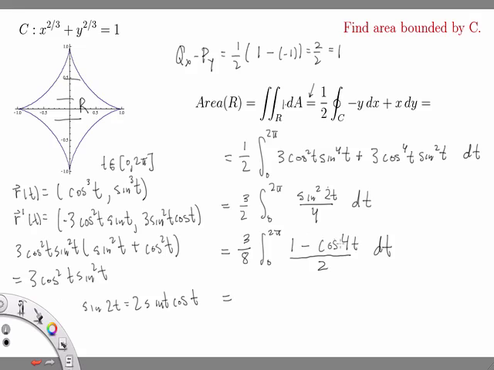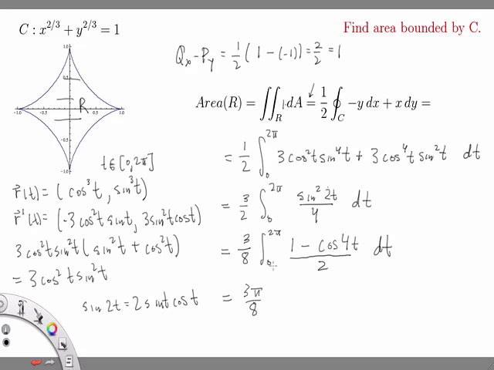And now we finally have a pretty basic function that we can just integrate. So the first 1/2 is going to give me a 2 pi over 2, so that's going to be 3 pi over 8, and then I have minus the integral of cosine of 4t from 0 to 2 pi.